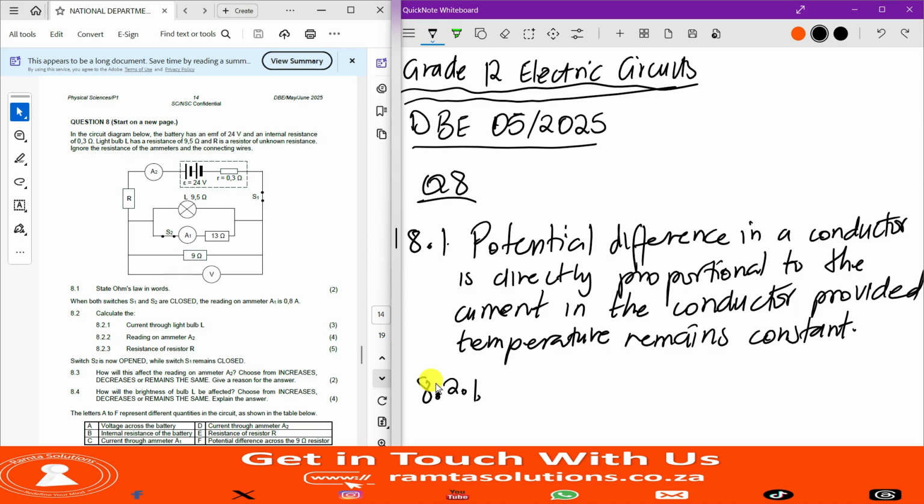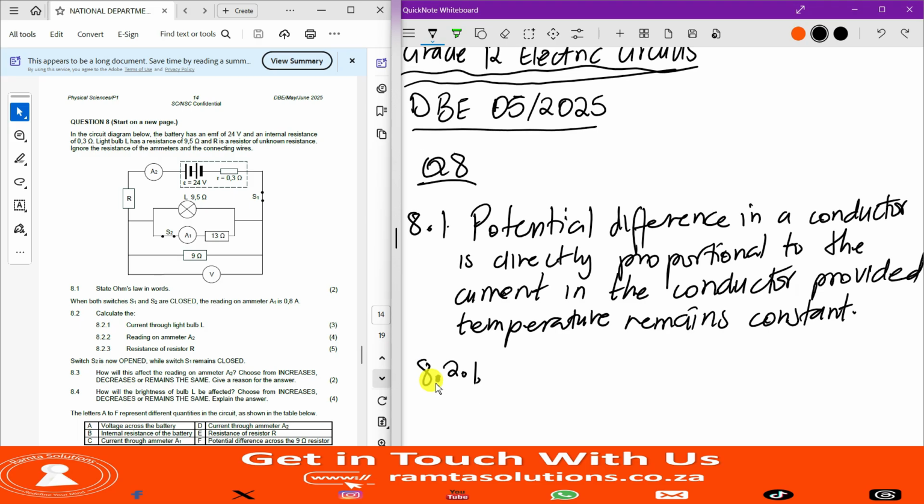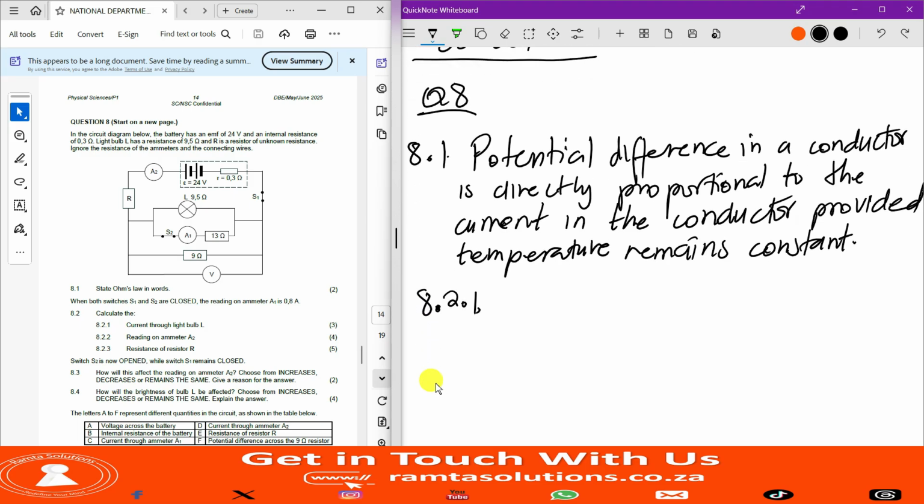So what we need is this. What we know, I want you to look at the 13 ohm resistor and the 9.5 ohm resistor, which is the light bulb. These two are connected in parallel. So we can say the potential difference of both of them is the same. So I will say potential difference of L is equal to potential difference of the 13 ohms.